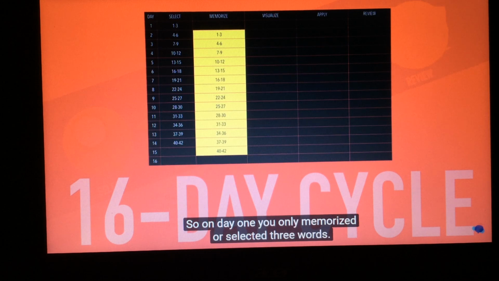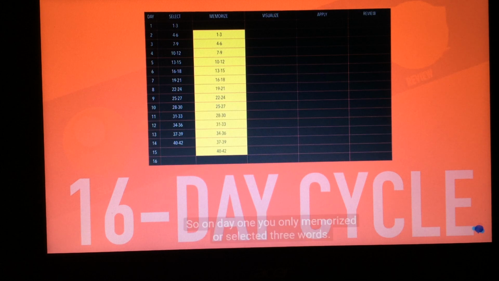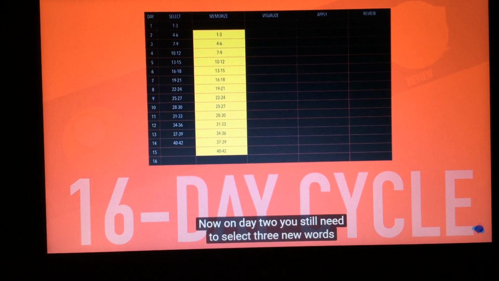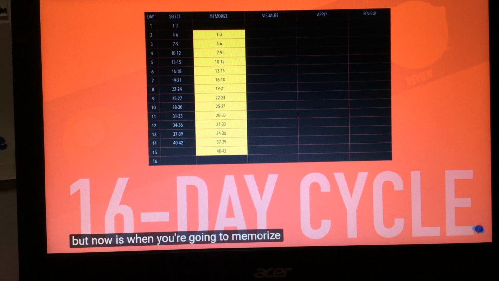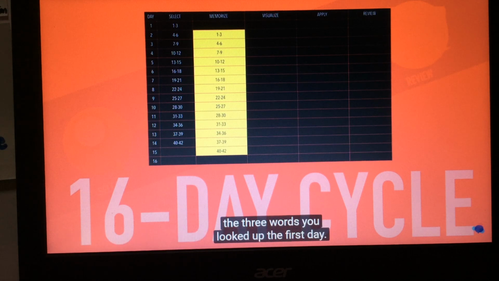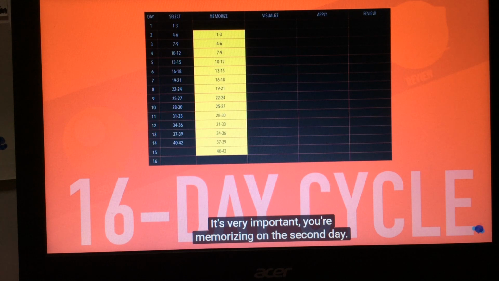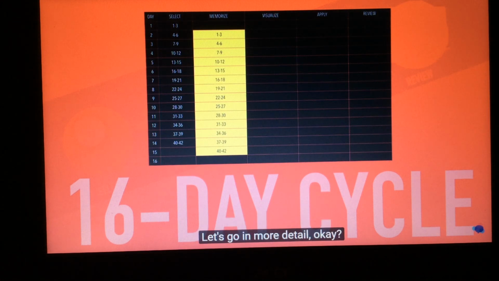So on day 1, you only selected 3 words. Now on day 2, you still need to select 3 new words, but now is when you're going to memorize the 3 words you looked up the first day. So very important. You're memorizing on the second day. Okay, let's go in more detail.